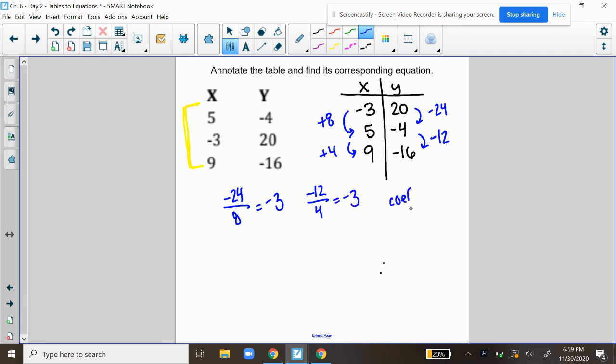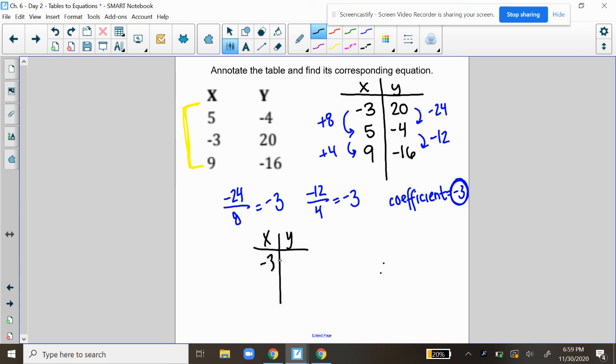So I know that my coefficient is negative 3. So that means that for every stage value, I am losing 3.